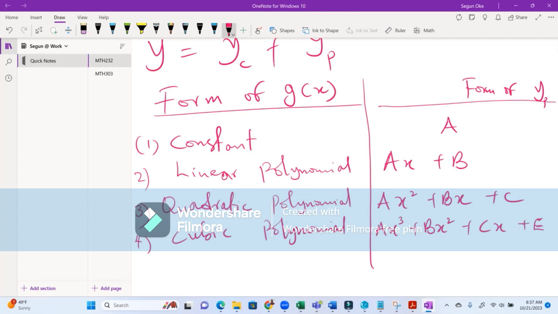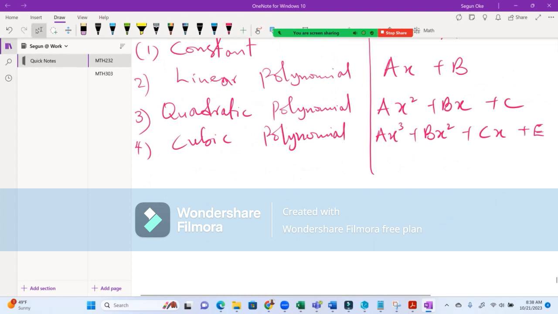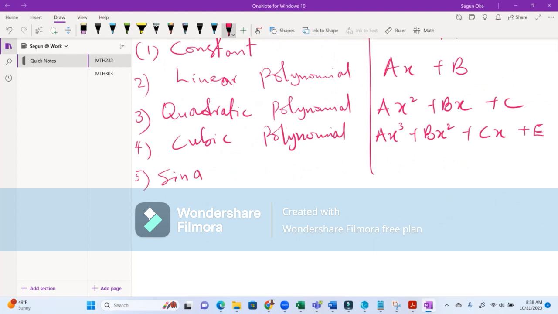Then number five, if I have sine ax or cos ax, what will happen?